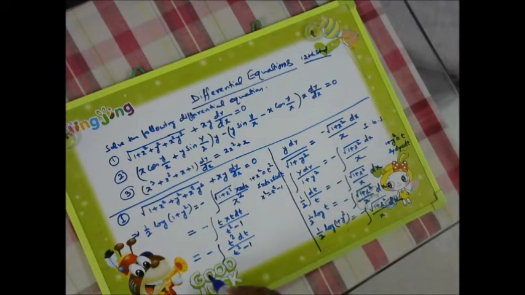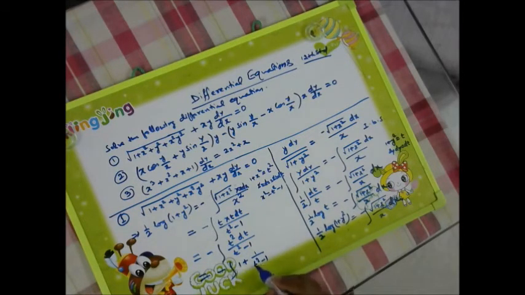Right. Then further, if we want to write t square minus 1, what we can do is write it as 1 plus, t square minus 1 plus 1, by t square minus 1.